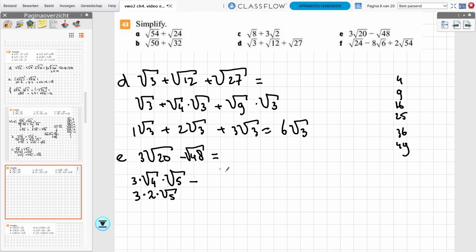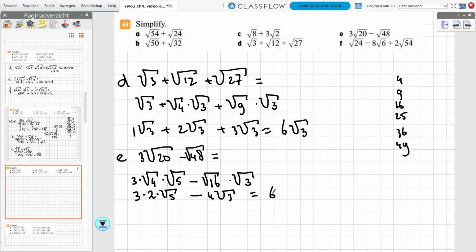Minus, and you add root 48, again do it like this. And 48 doesn't work with 49, doesn't work with 36, doesn't work with 25, and it does work with 16, strangely enough, because it's the same as 16 times 3. And root 16 is 4, so 4 root 3.